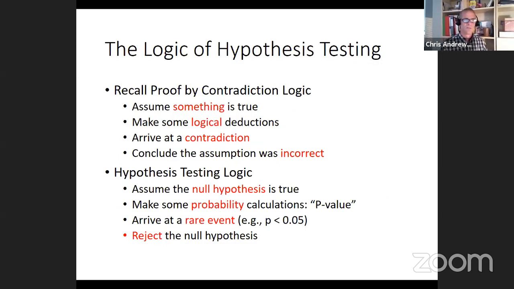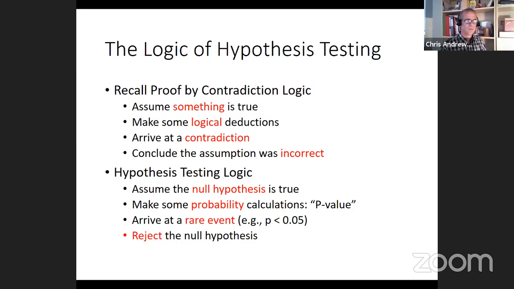So how do we work through this hypothesis testing? Recall from geometry or a previous stat class or a class on logic, you can prove something is true by something called proof by contradiction. The way that works is that you assume something is true. You make some logical deductions from that. After you assume something, you can derive other true statements from those truths.